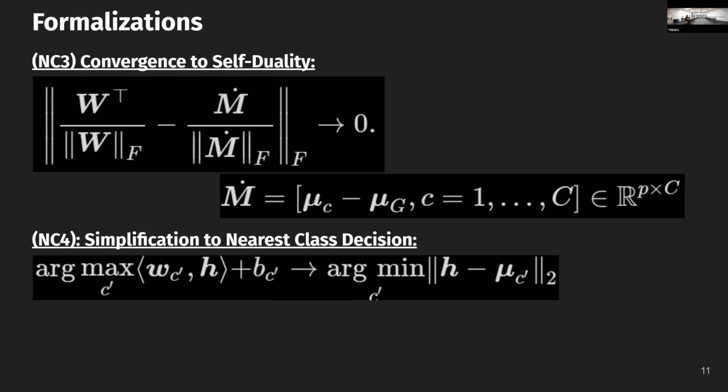Moving on. So this is the idea of this convergence to self-duality. M is just a collection of the class means. Again, the weights on the linear classifier, the columns of the weights, are going to be proportional to these H's, which are assembled into these class means, centered.